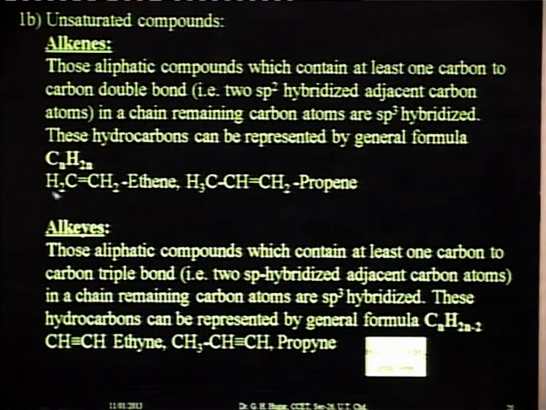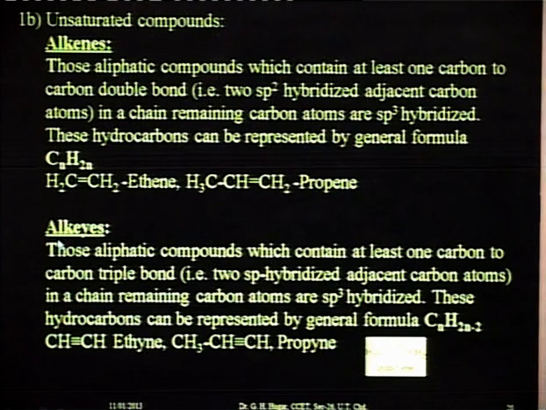So, you can make it out when you write the structure, this is the condensed formula, and this is the bond line diagram of propene. So, you have to write only this type of structures. If you know this, you can also write this, but it is better to have this type of structures only, that is the condensed formula.